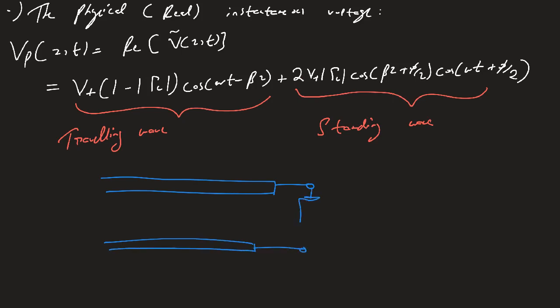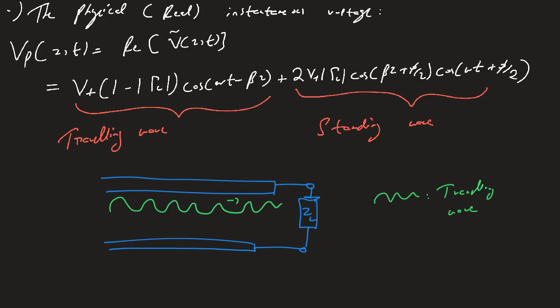And this transmission line has some load ZL connected at the end, and as a result, you have a forward propagating traveling wave, and this is moving in this direction.